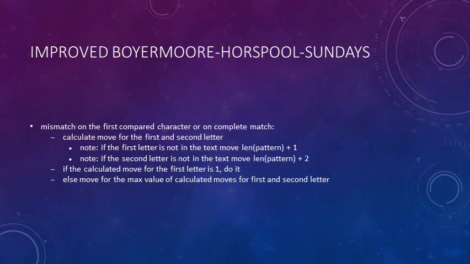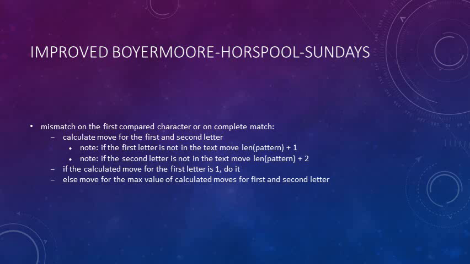So we have to look at two cases in this heuristic. The first one is if we have a complete match or a mismatch on the last character in the text. The way it is done here is we take a look at the first letter after the text and the second letter after the text, and we calculate what the shifts in the pattern should be for those two.